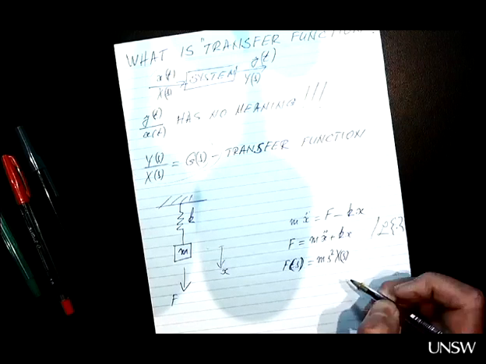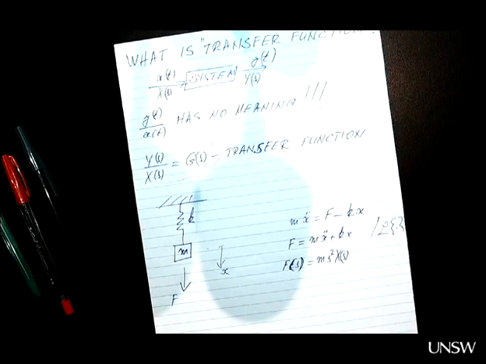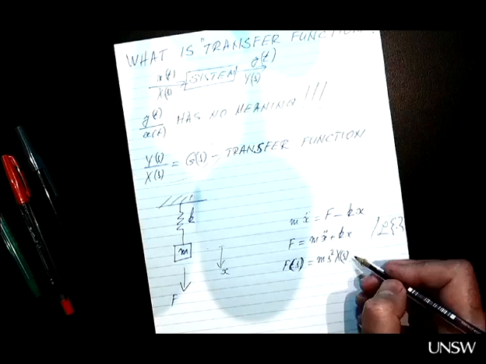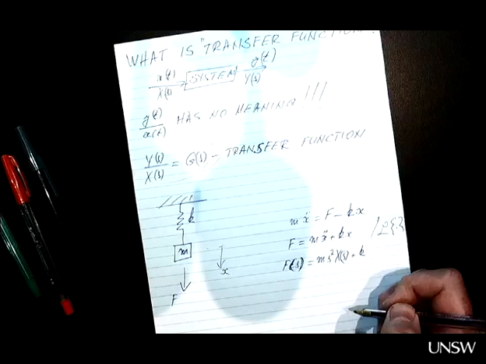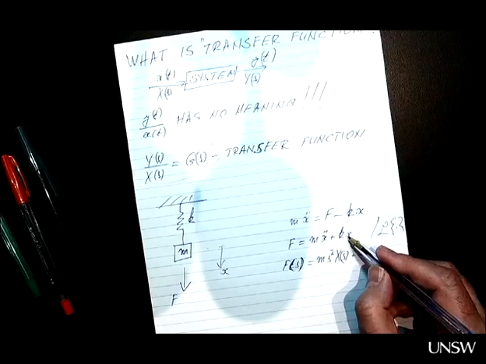The other two terms, if you check the equation from the lecture notes, will be 0 because we assume initial conditions to be 0. Plus, k is a constant. Laplace transform of x of t will be capital X of s.